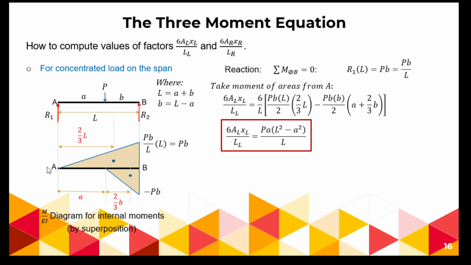Kung dili kita, basta gani magsilingan nga factor for A here, you take moment at A. Kaya ang left side na gina-consider ta, ang diri siya. With reference to A. So the formula that you're going to use here for this loading condition, amo ni ang PA times L squared minus A squared over L.